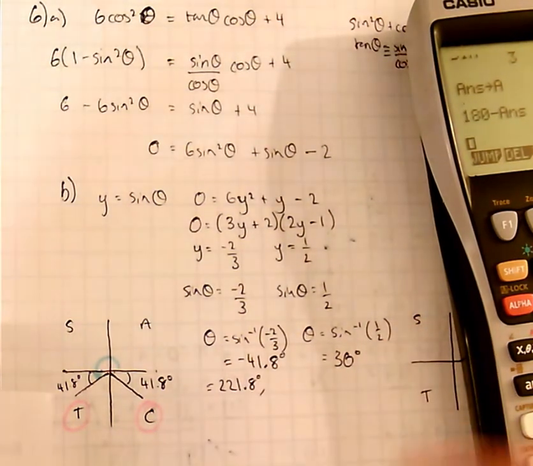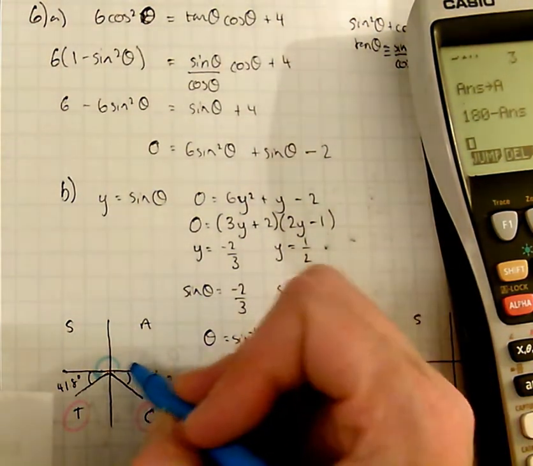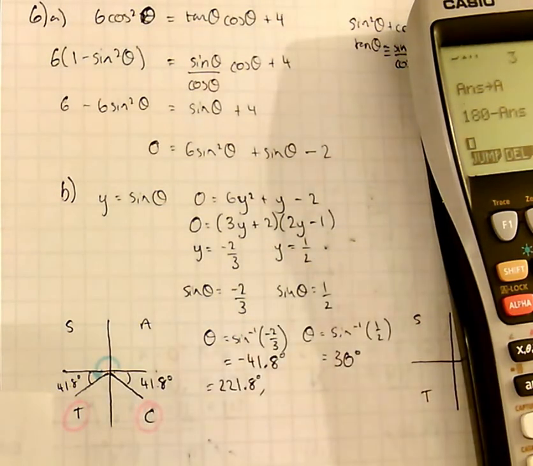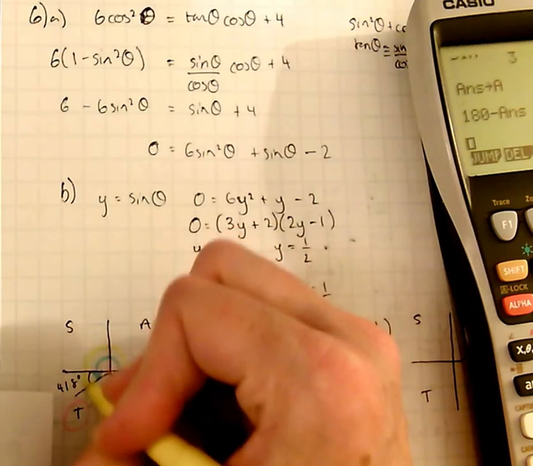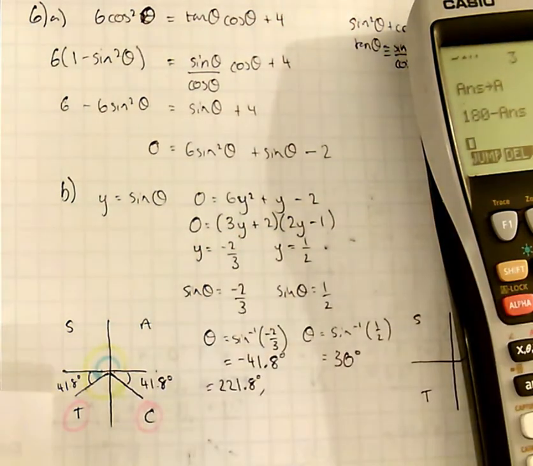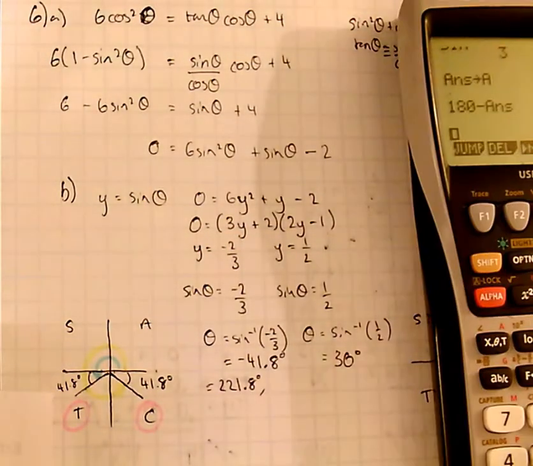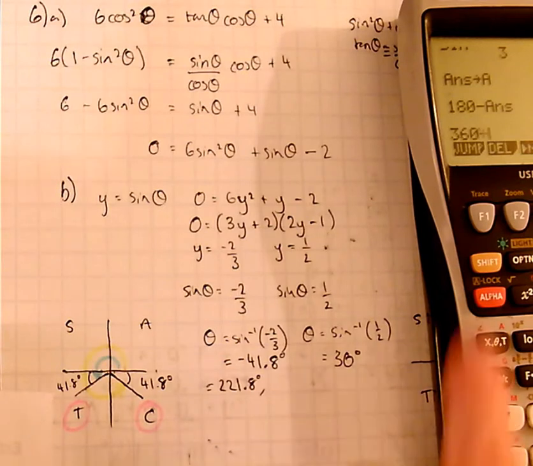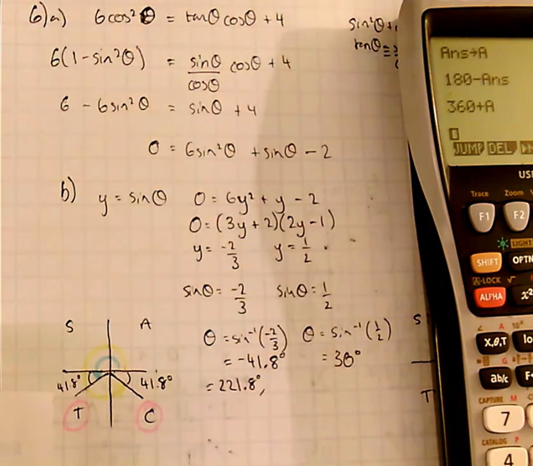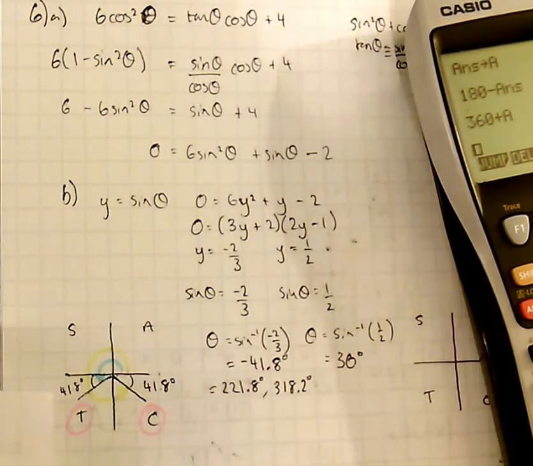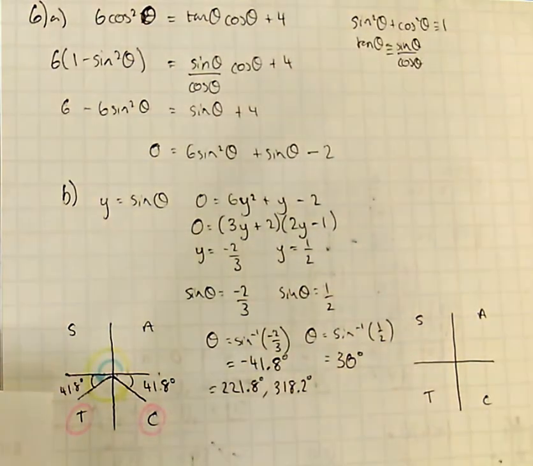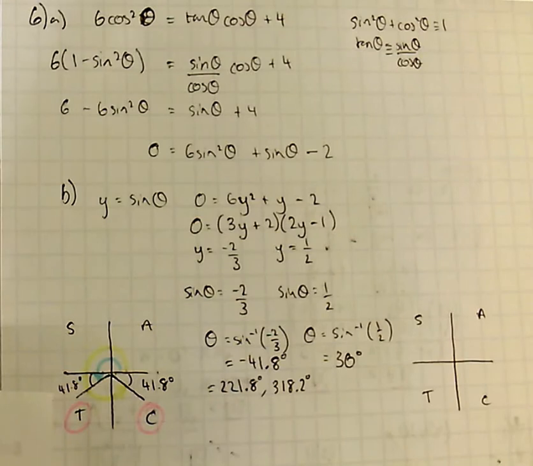And I also want to do all the way around, so I'll just use different colours so you can see, going from 0 around to here, so I could do 360 take away the 41.8, and that gives me 318.2.